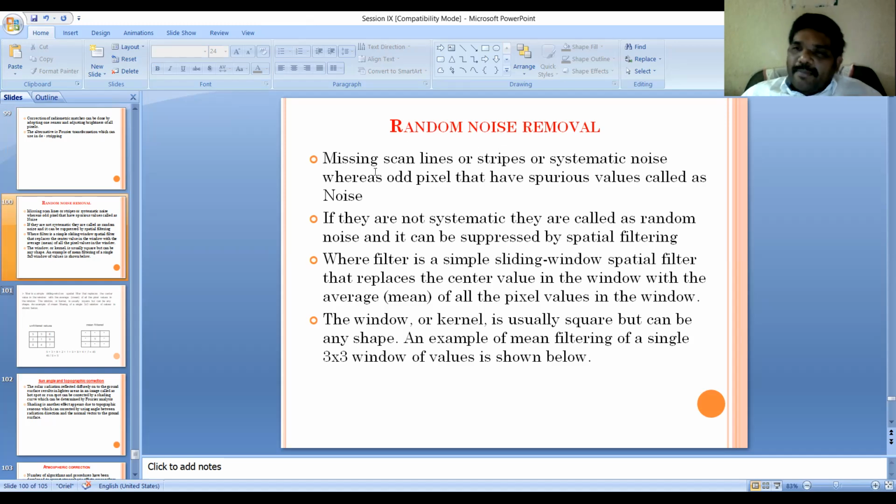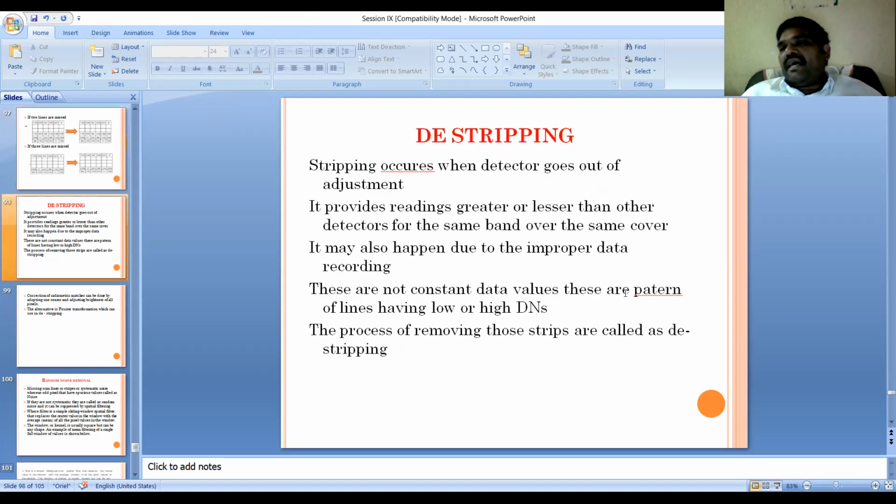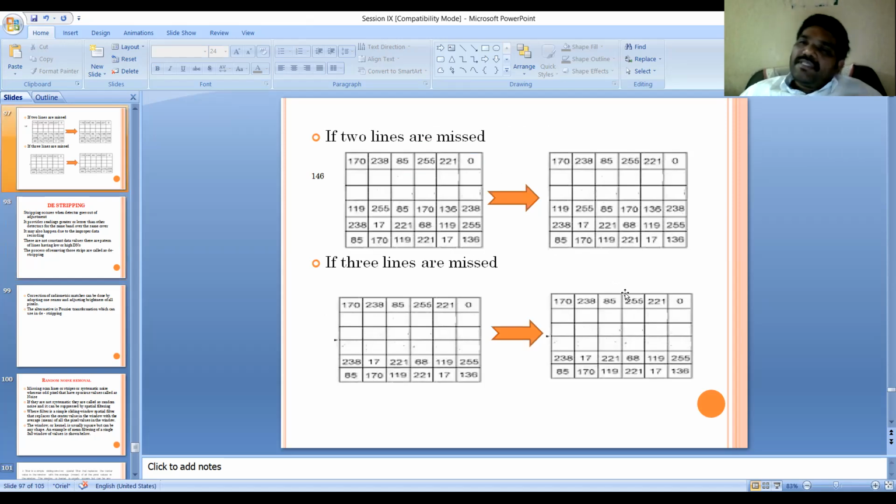But in the particular perspective of remote sensing, we are not supposed to call noise what you are thinking. What is the noise here? In destriping, the digital numbers are high and low over an entire line, whereas in the removal of missing scan lines, the line values are not scanned.